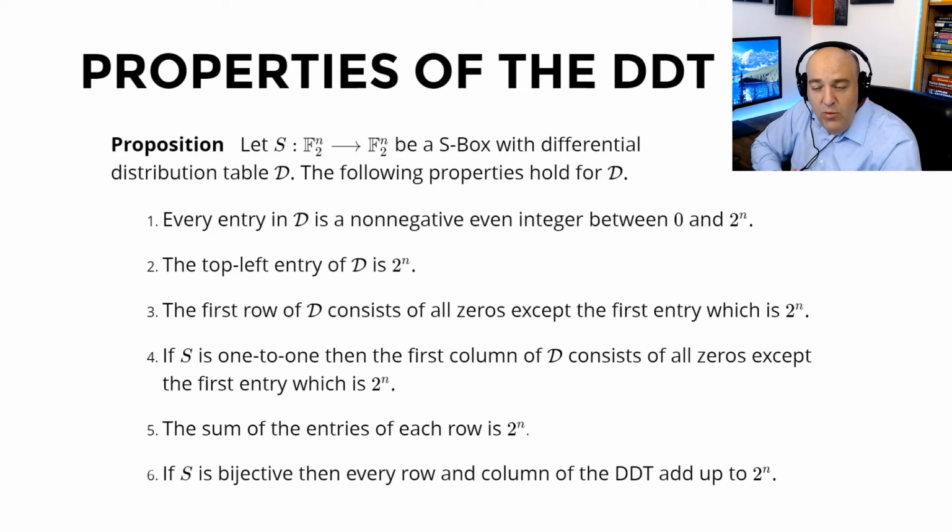Now, if S is 1 to 1, then you can say something about the first column, that it also will contain all zeros except for the first entry being 2^n. But that's only if S is 1 to 1. Also, the sum of the entries of each row has to be 2^n. And if S is bijective, then every row and every column of the DDT add up to 2^n.